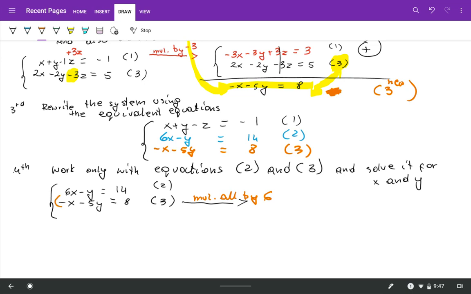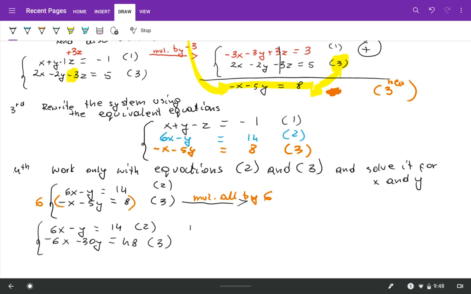Okay, so we multiply entire equation by 6. So equation 2 will be the same, 6x minus y equal 14. Equation 3 will multiply each by 6, so we have -6x, -30y equal 48. That's equation 3.